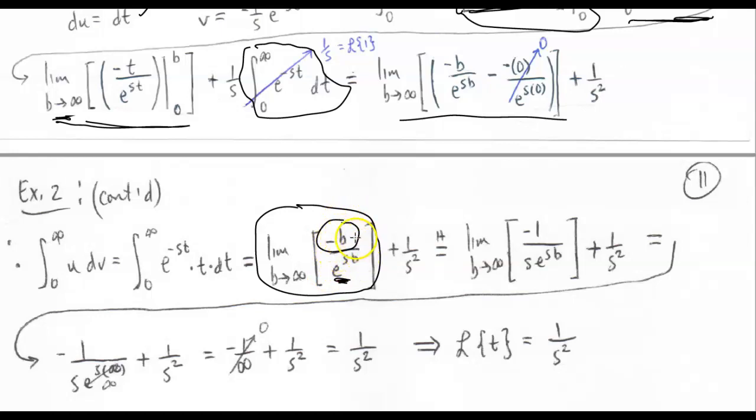So in other words, you can look at this as a function, I'll just put it in terms of x. We have a function y equals minus x compared to a function y equals e raised to the s times x. And so, of course, e raised to the s times x is always going to grow faster than just minus x. So, of course, this will end up being 0 here.